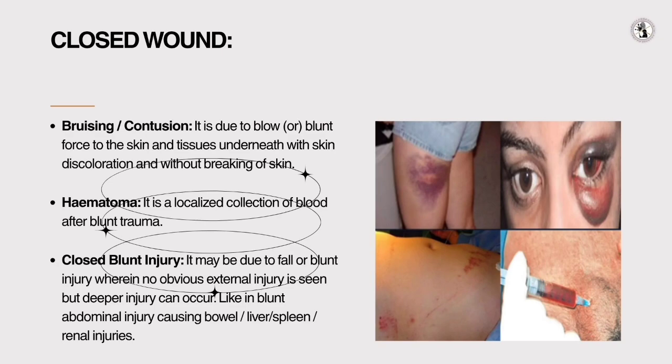Then closed blunt injury is due to any fall or blunt injuries. It is any type of injury caused by an external factor, but the injury impact is not external, it is internal. So we have certain types of internal injuries.